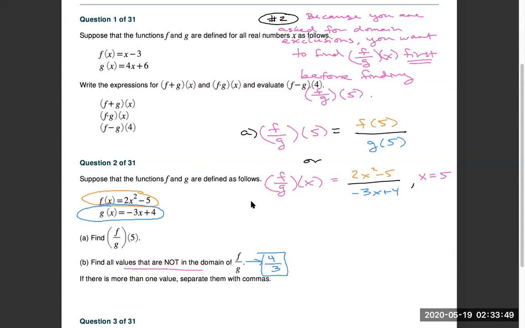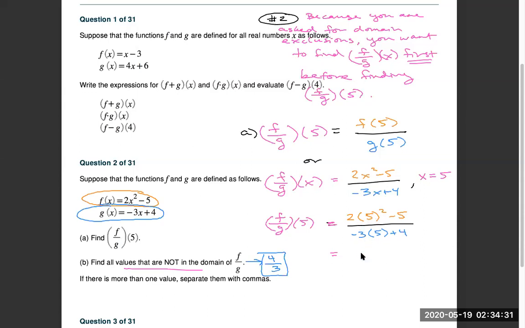So essentially here, f divided by g at 5 is going to be equal to 2 times 5 squared minus 5 divided by negative 3 times 5 plus 4. That equals, you just make those equal signs the same color, save some time.